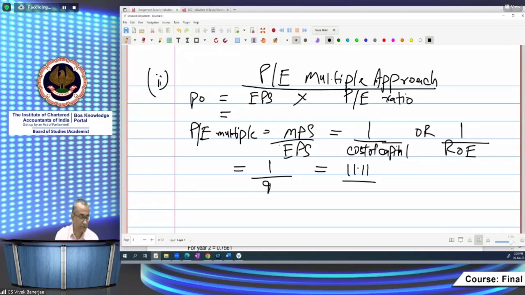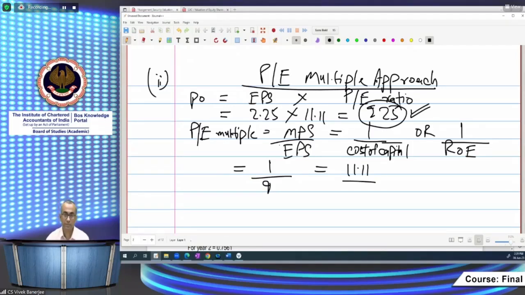The EPS figure is given in the question, 2.25, multiplied by the price earning multiple we have just calculated, 11.11. So basically, it is coming to 25. That is the present value as per the price earning multiple ratio.